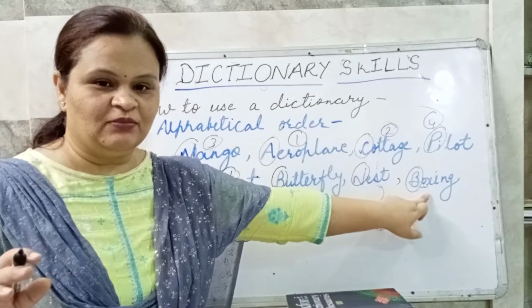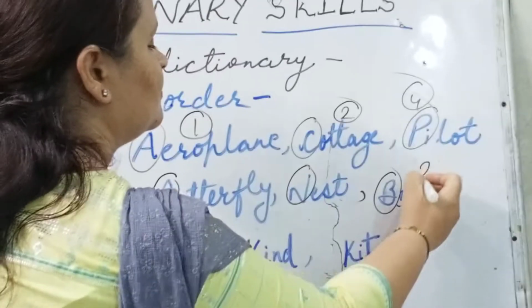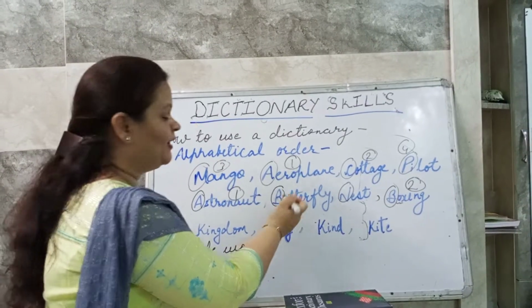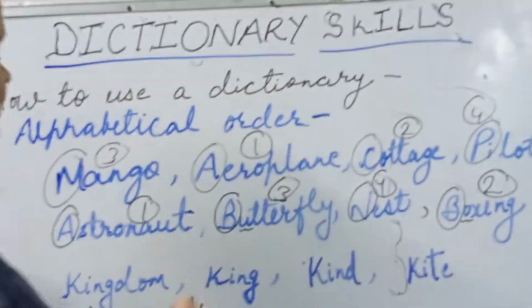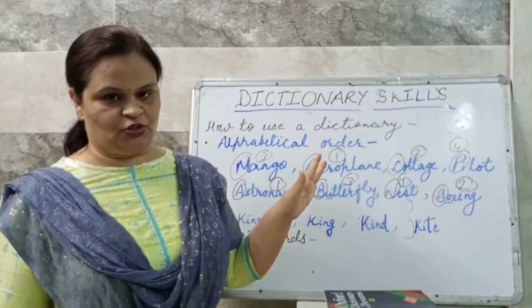O. So the second word will be boxing. The third one automatically will be butterfly and the fourth nest. So astronaut, boxing, butterfly and nest.